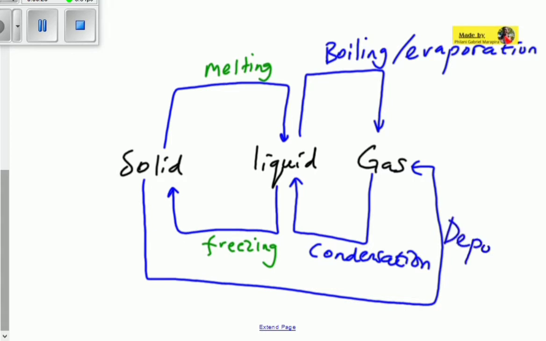So this process, let me actually change the arrow of this. Yes, this process is whereby a gas, a substance, directly changes from the gaseous state to solid, but without passing through the liquid phase.